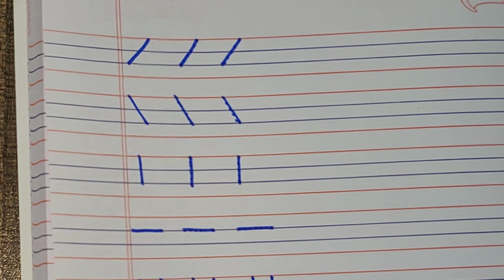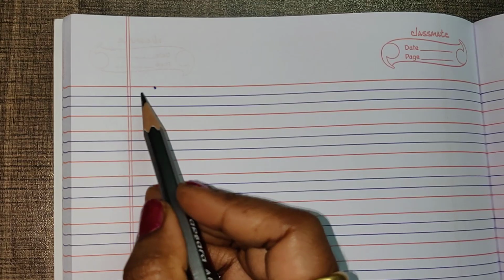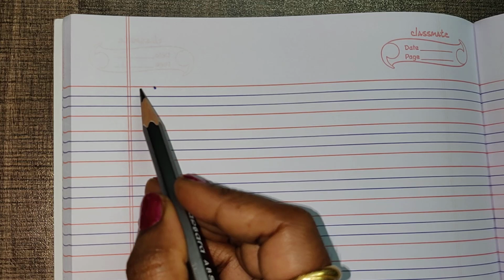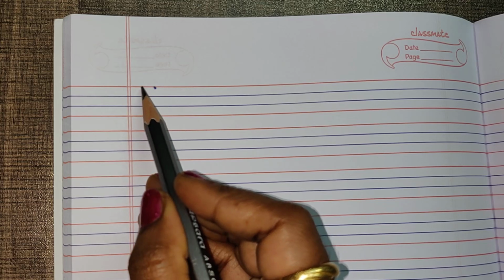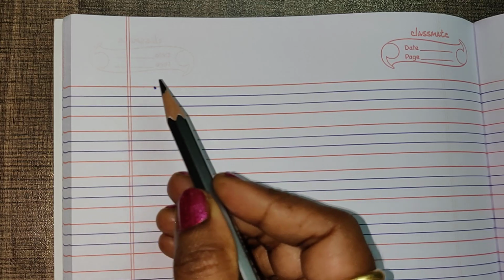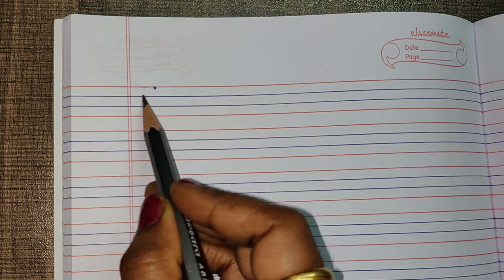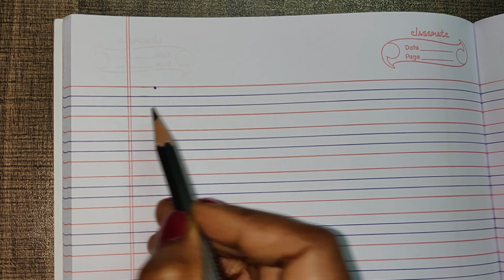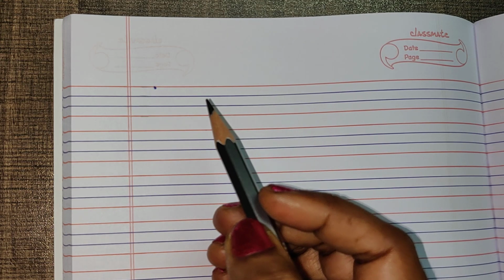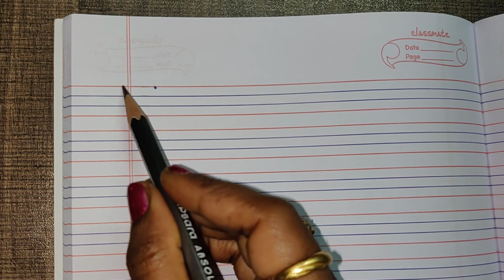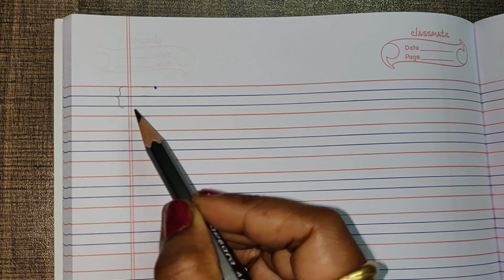So next we are moving on to alphabets. So first I am going to give a practice on capital letter alphabet. So see, we have 1, 2, 3 and 4 lines. For capital letter alphabet we should cover only 3 lines. We should not touch the last line.